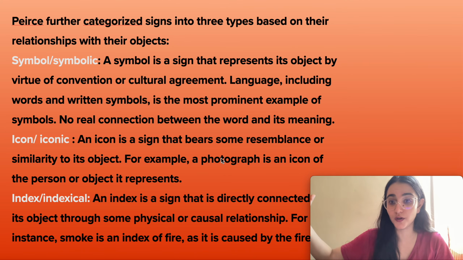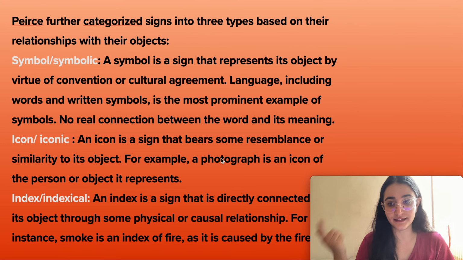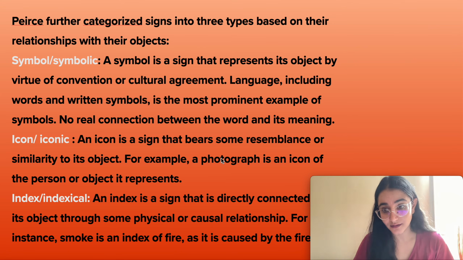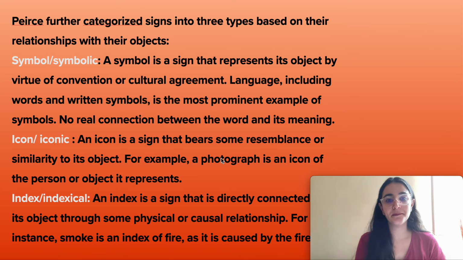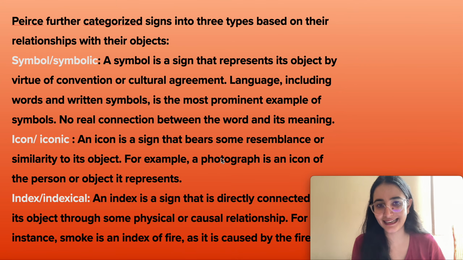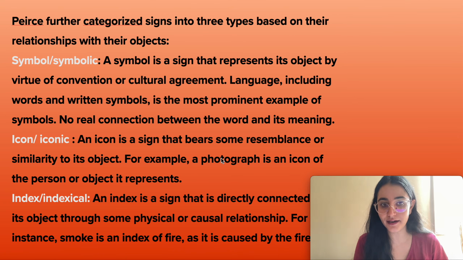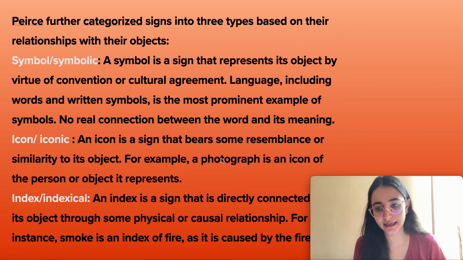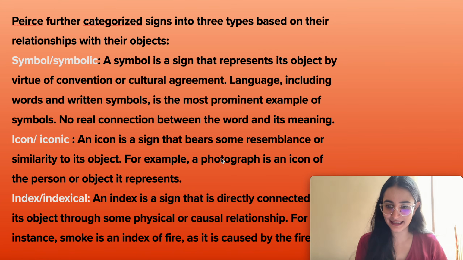If you see smoke, the direct thing that comes to your mind is fire, like that. So these are the 3 types, how Peirce has categorized signs based on their relationship with their objects. Symbolic, iconic, indexical.